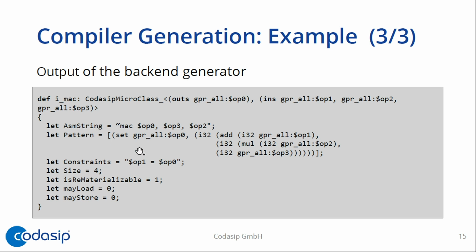If you look at the pattern, it's the textual form of the graph. So we have again the multiplication here and the addition here that goes to the register file. You can see the constraint in this case: the output operand should be the same as one of the register operands. Size is 4 bytes, a 32-bit wide instruction. And then there is no load and no store. So this is the final step, and after that, if we have collected a list of these instructions, then the backend is happy because it knows every single instruction that is inside of the ISA.